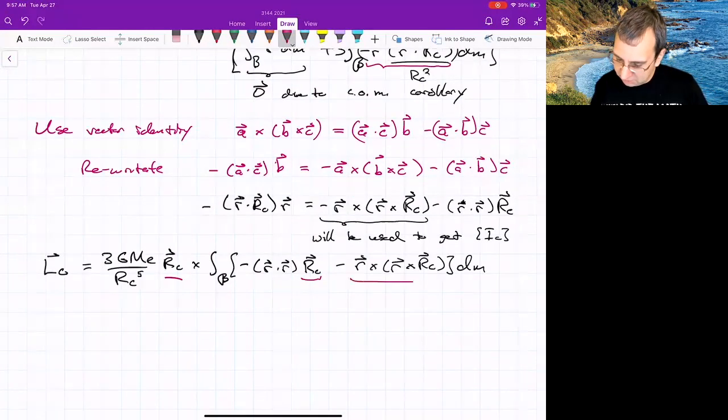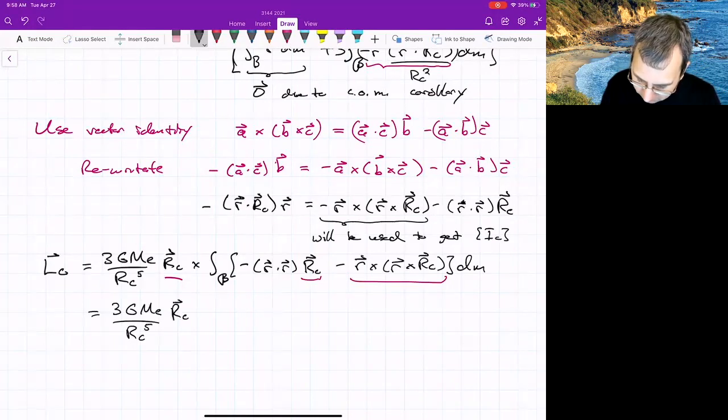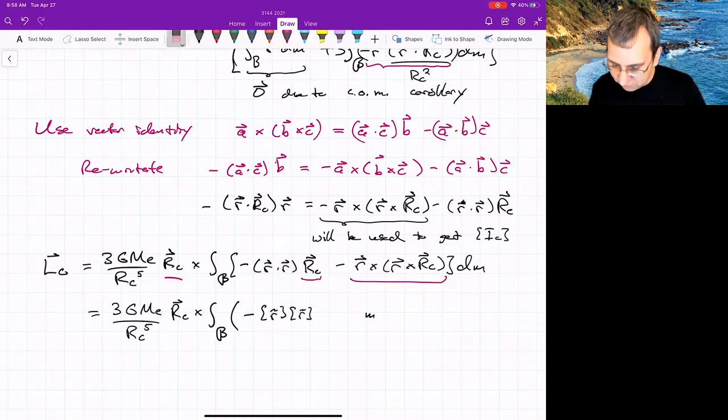And then we have this other thing where we can't pull out RC. So this is going to be 3gm over RC to the 5th, RC cross, and now we've got the integral of minus r cross rc, which we will rewrite as little r tilde rc dm. And rc isn't part of the integral, so it could be brought out.